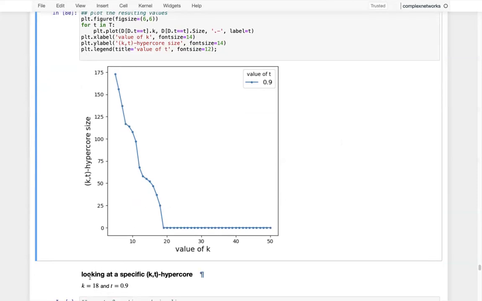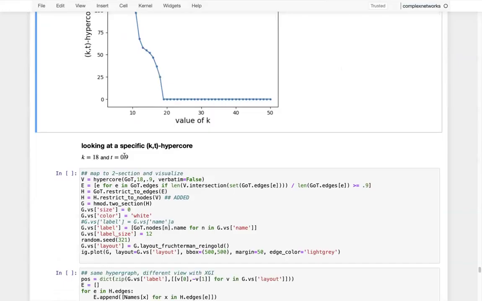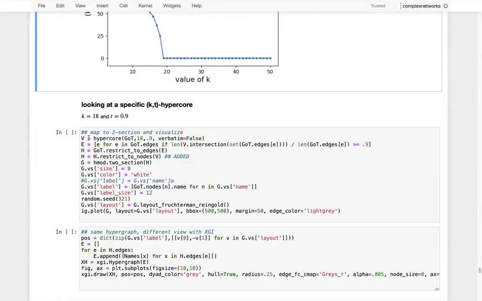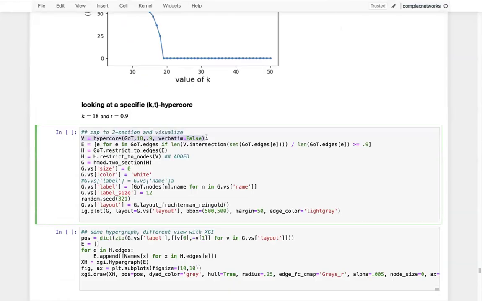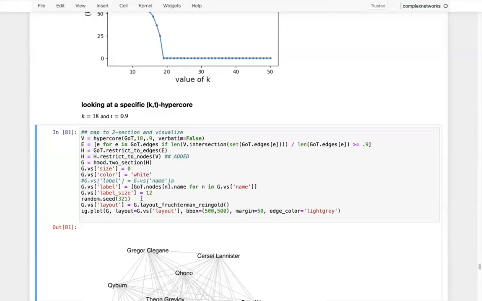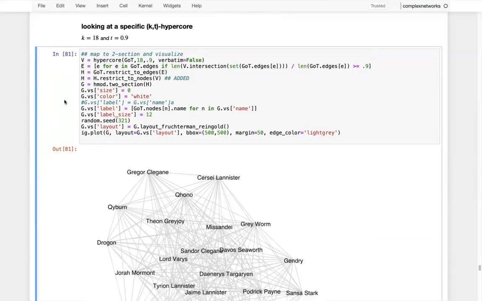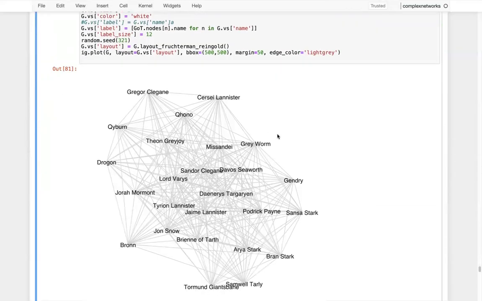So if we look, for example, at k is 18, which is about here, and t equals 0.9, we're going to recompute this hypercore and the vertices that are part of it, and then build a visualization of the graph that is part of this hypercore.